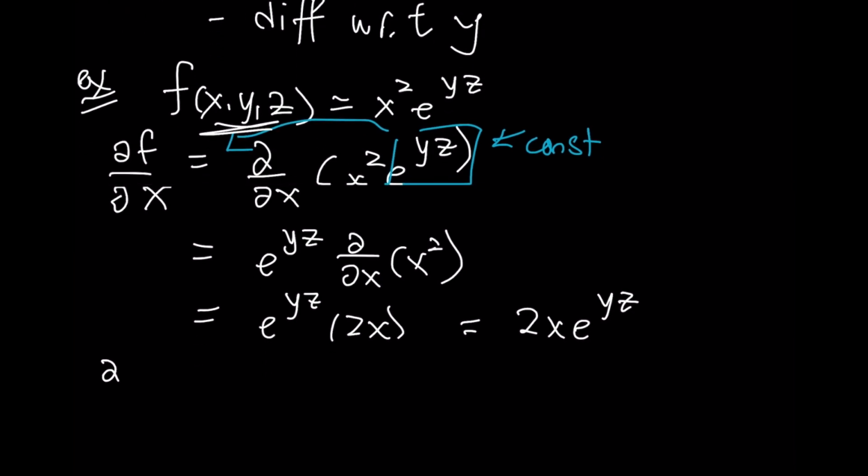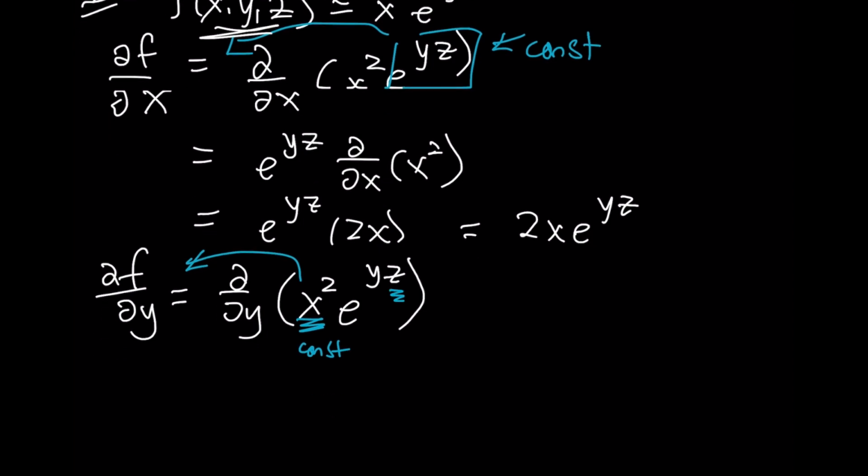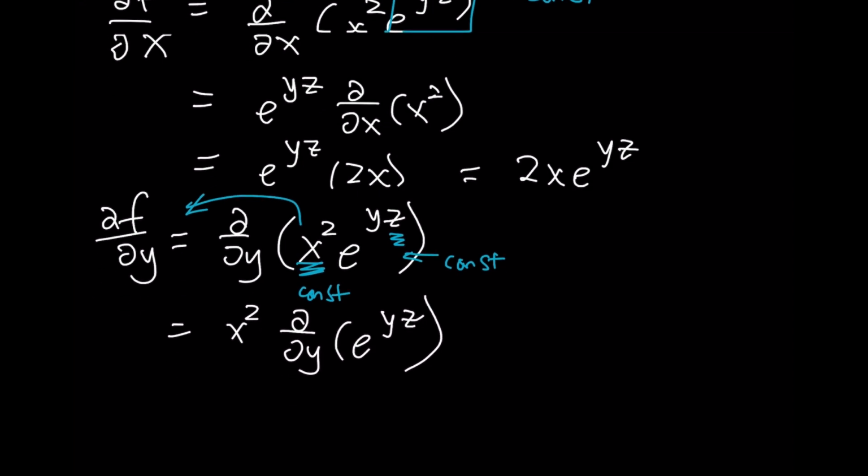If I wanted to take the partial derivative with respect to y, this time y is the variable, so x squared is a constant. And if that's a constant, I can take it out. Now also remember that the z is a constant. However, there is no rule for exponentials that's going to let me take that out, so I'm stuck. It has to stay in there. Because of that, I now have this expression, and this is where I'm going to need to use the chain rule.